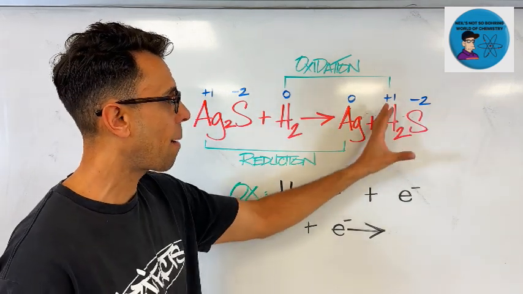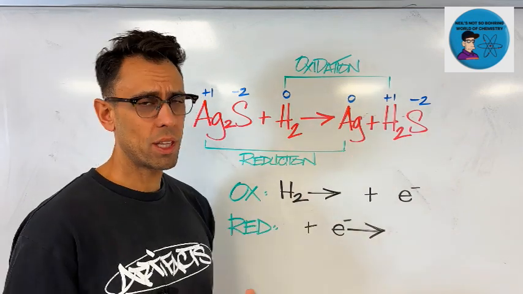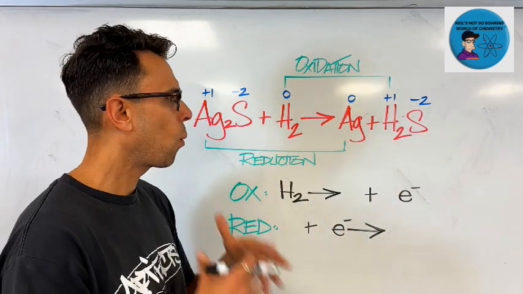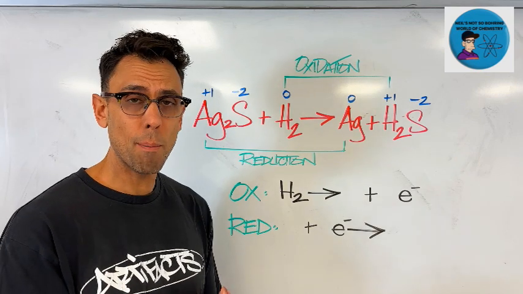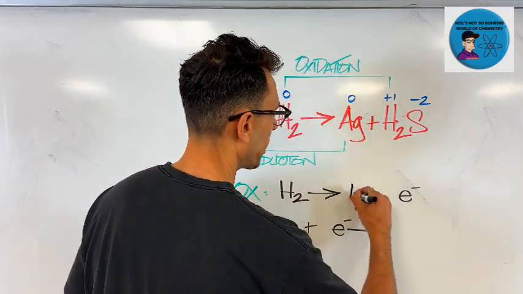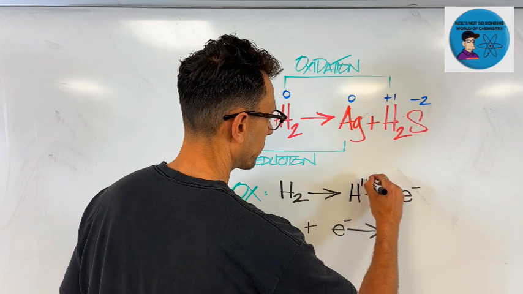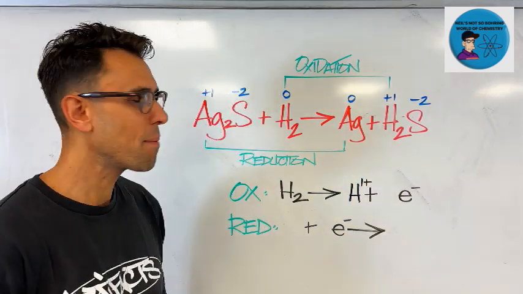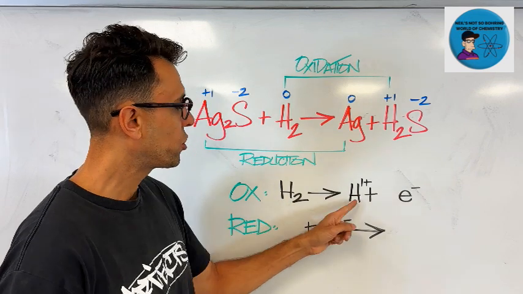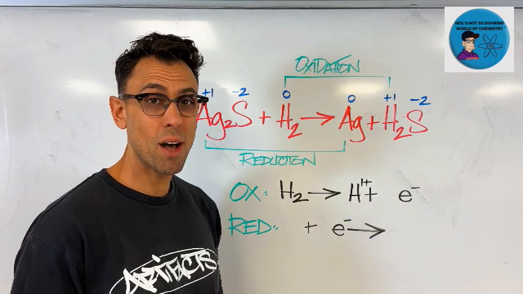Now it's part of a compound. So what we usually do with these compounds is we split them up. We think of what's the hydrogen, what's its identity as part of this compound when it's by itself. And that would be that hydrogen has a +1 charge.